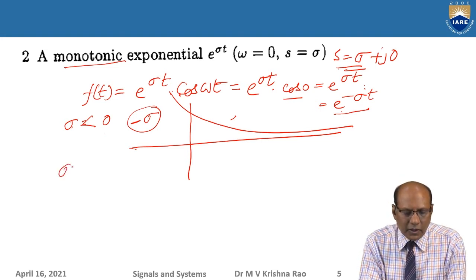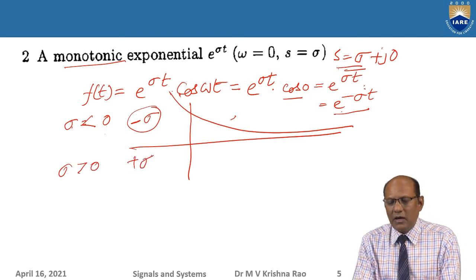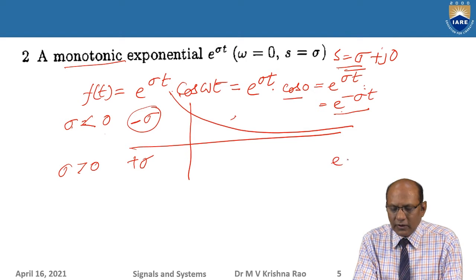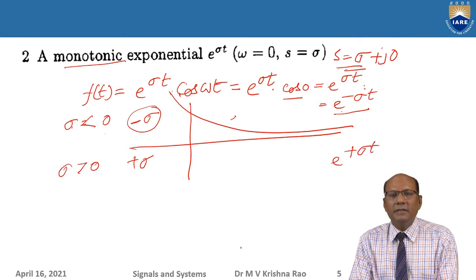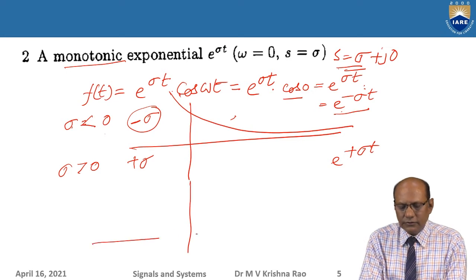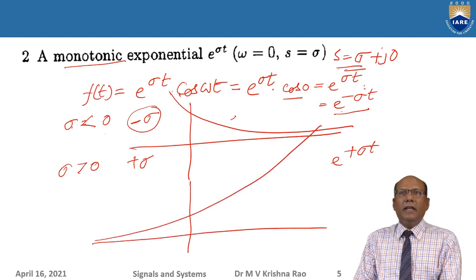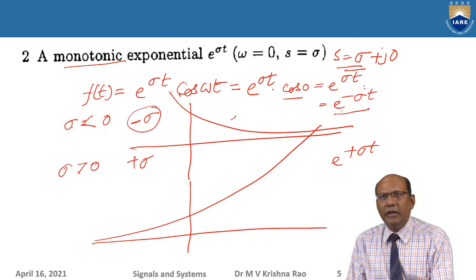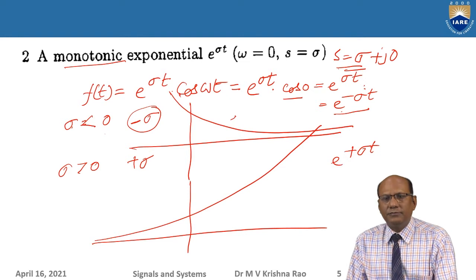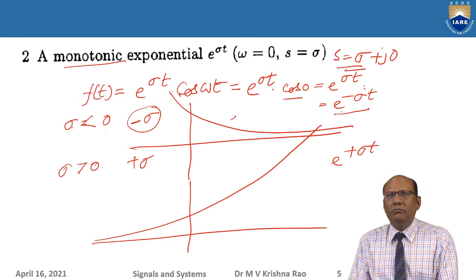If sigma is greater than 0, I have plus sigma. That means my function is e to the power of plus sigma t. In that case, how does it look? It will look like this. It is an increasing exponential, rising exponential, basically. And let us say sigma equal to 0.